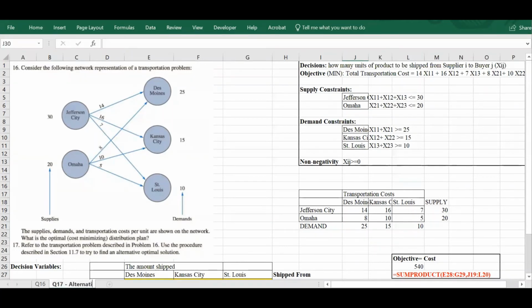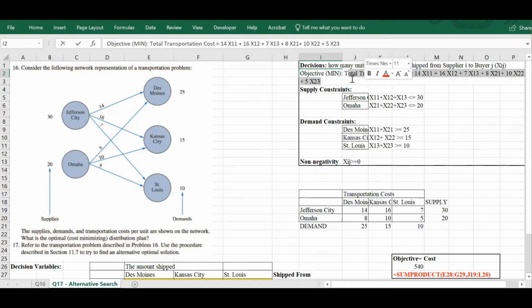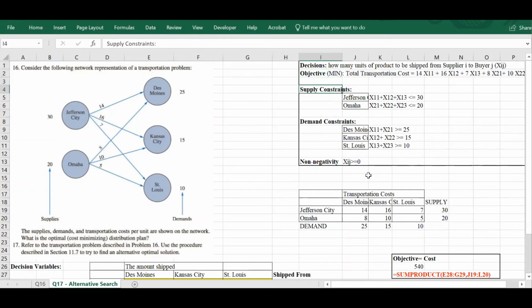In the alternative search, the decisions are the same. The objective is not anymore the total transportation cost. The previous objective function would become a new constraint. So I'll copy this. The total transportation cost will become a new cost constraint.